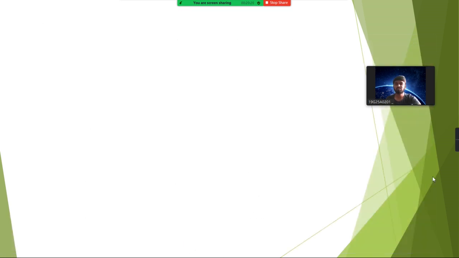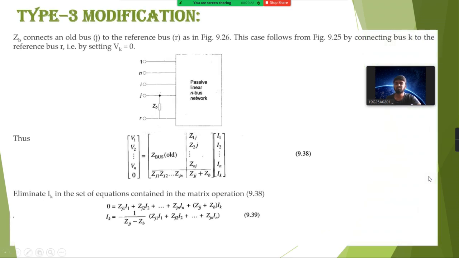And coming to the third modification of the Z bus, the Zb connects an old bus j, you can see here, to the reference bus r. These are the two reference buses.